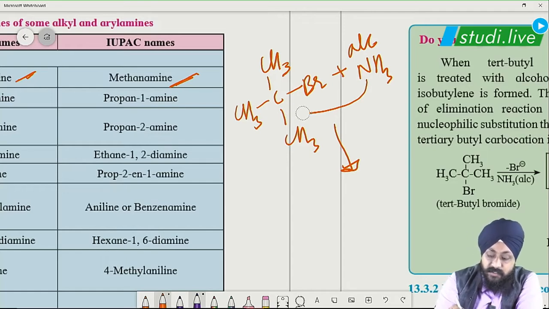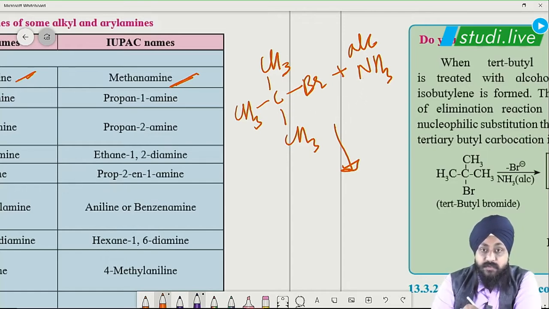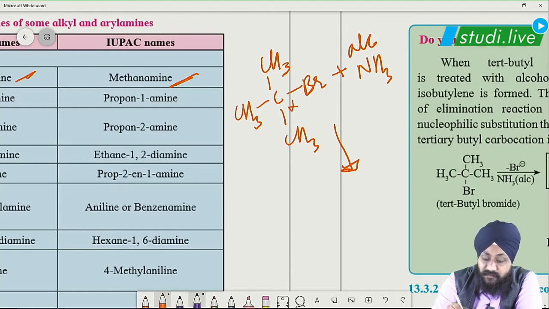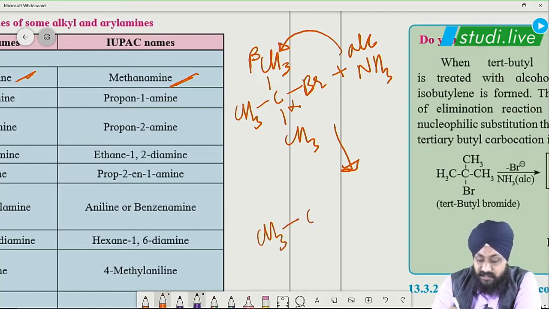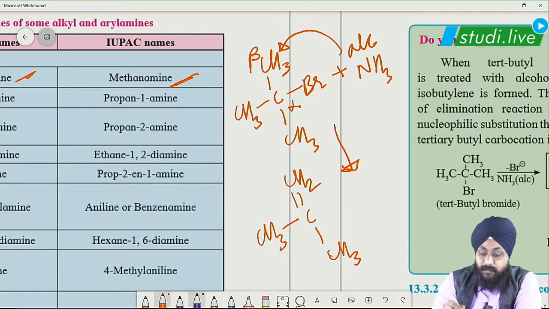So instead what it is going to do is approach the hydrogen atom of the beta carbon; this is the alpha carbon, this is the beta. So what you will get is a double bond, CH2 with CH3 over here. From the alpha carbon Br is lost, and from the beta carbon H is lost.